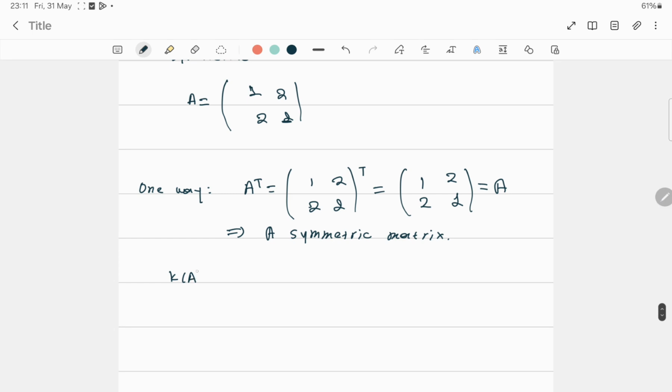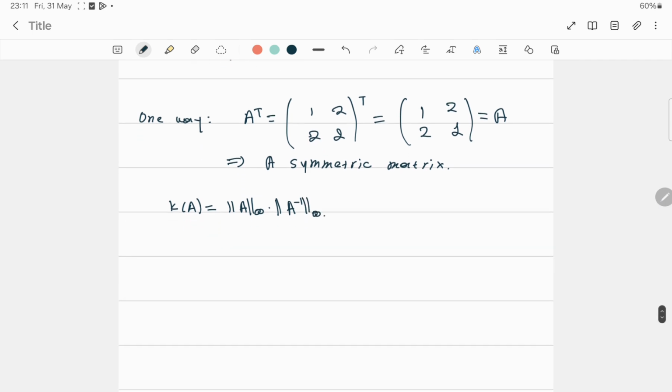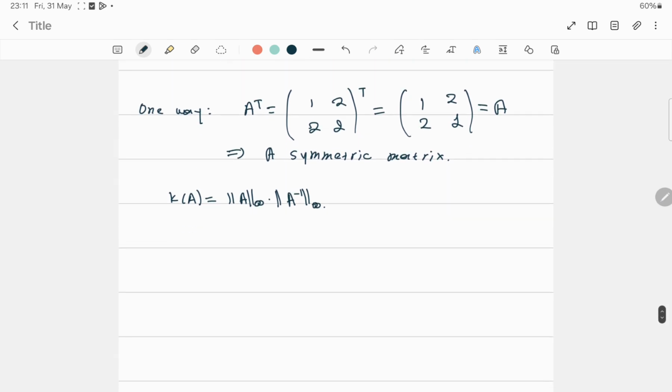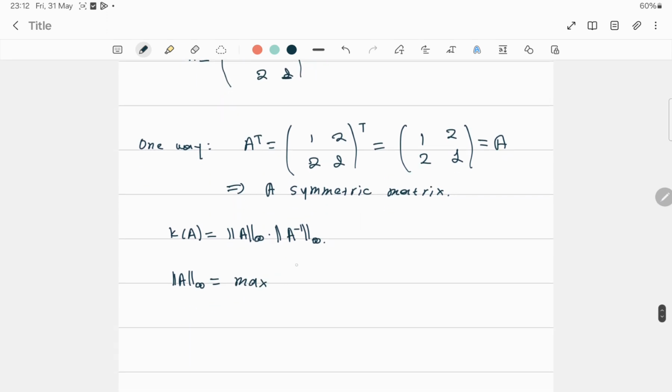Now, in order to find the condition number, the condition number is equal to the infinity norm of matrix A times the infinity norm of the inverse matrix A minus 1. How do we find the infinity norm of a matrix A? We find the maximum of the following.